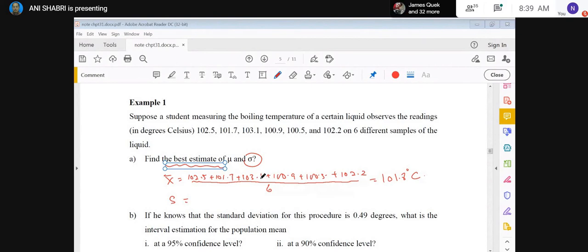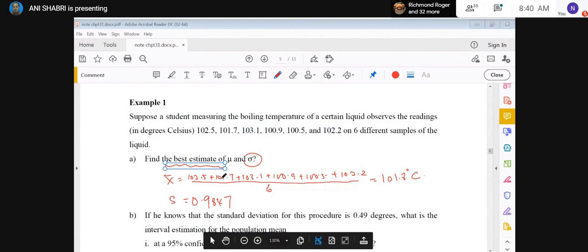Okay, what is the value? Now we get the answer S equal to 0.9847. Make sure you get the answer 0.9847.